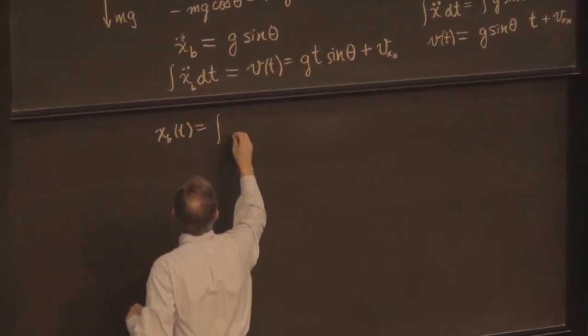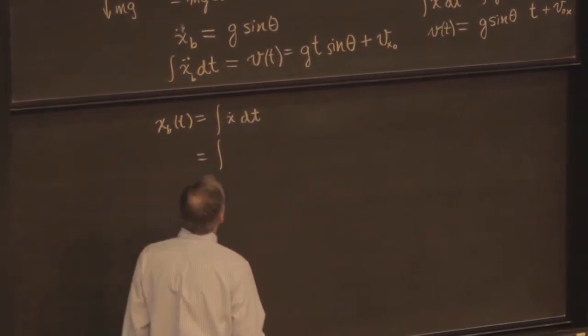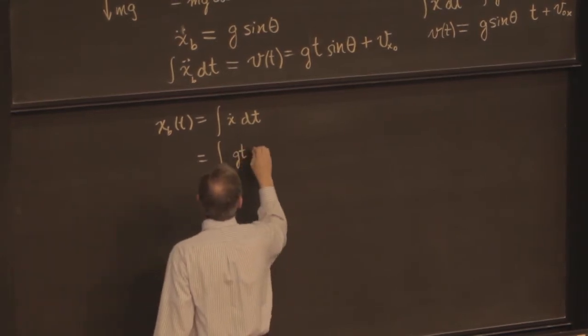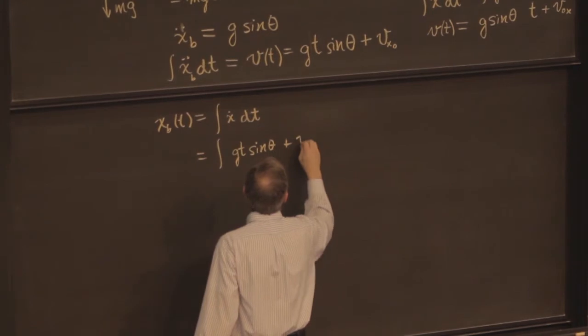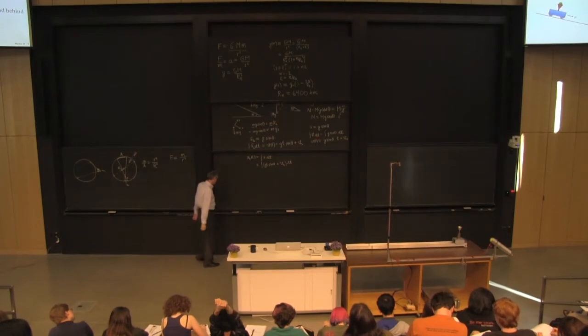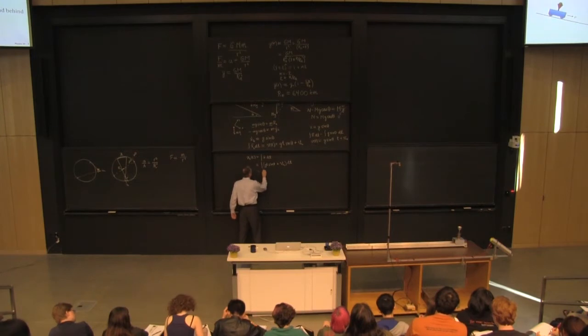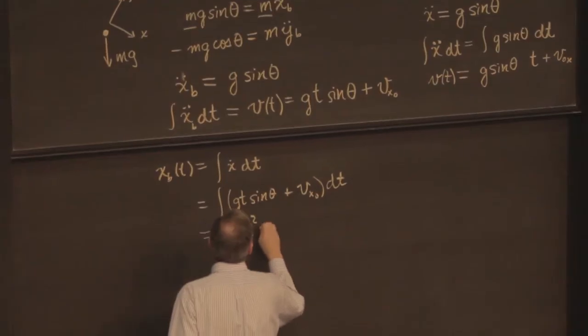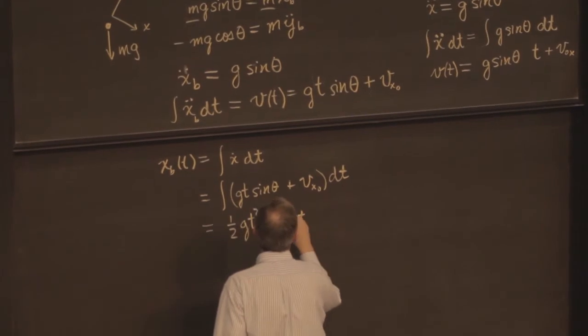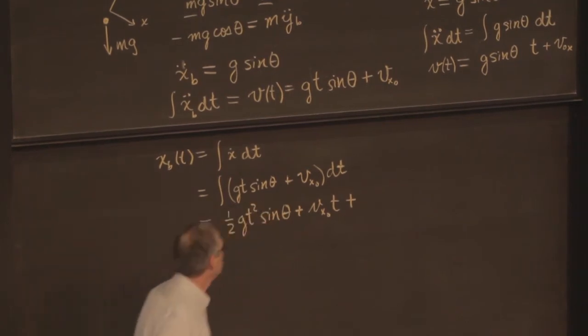That's the integral of x dot dt, which is the integral of g t sine theta plus vx naught, and that will be 1/2 g t squared sine theta plus vx naught t plus whatever position the ball had right at the point of launch, which I'm calling t equals 0.